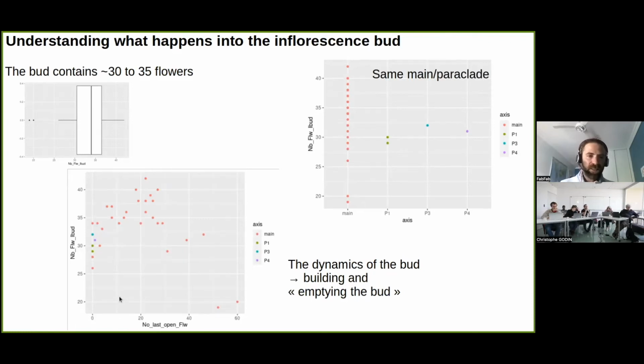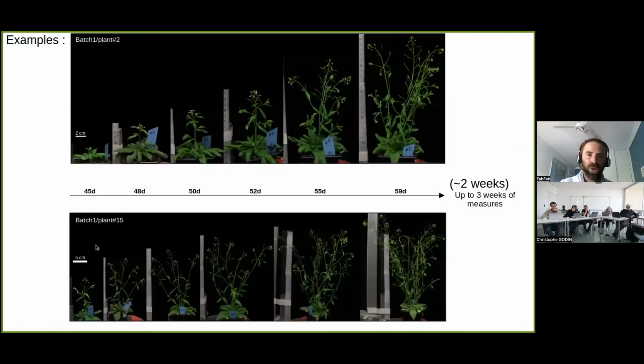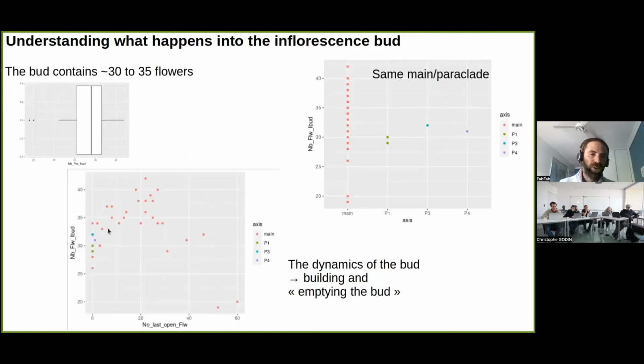I think that it shows you that before you see 1 or 2, or before you see the first flower open, you have to wait for the meristem to have produced around 30 flowers at least, and sometimes more. Sometimes more.